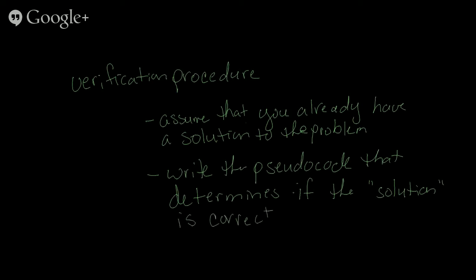And I put that in quotes because we call it a solution, but it might not actually be a solution. Let me put this one in quotes as well. So your machine is just going to return true if the solution is correct.